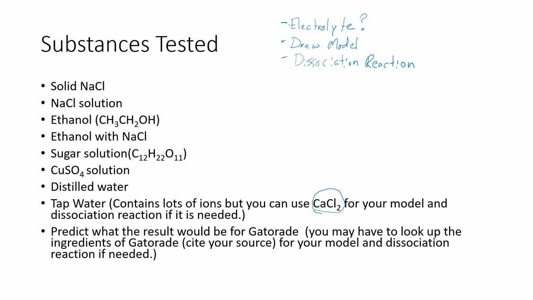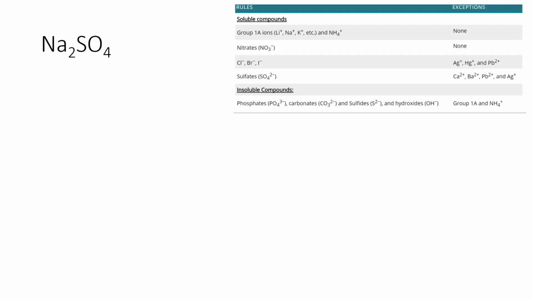This isn't one of the substances tested, but this would be an example of how you would go through and decide if it's an electrolyte, how we're going to draw a model, and what the dissociation reaction would be. So here's an example of sodium sulfate. We're going to decide whether or not it is an electrolyte. In order to be an electrolyte, it has to be able to break into individual ions.